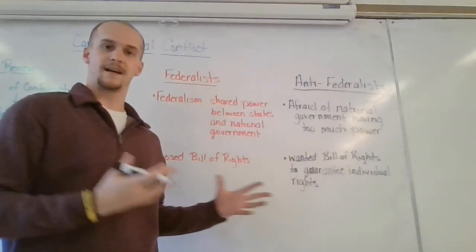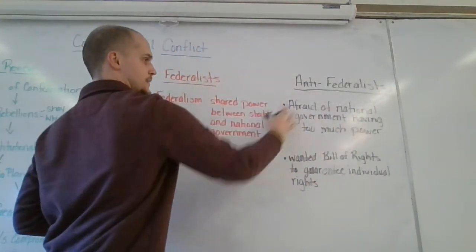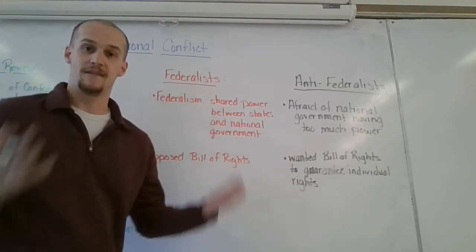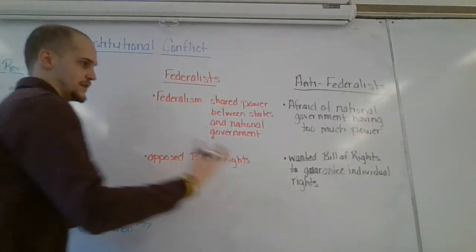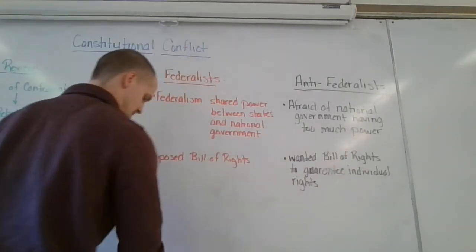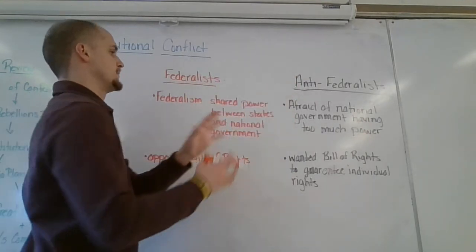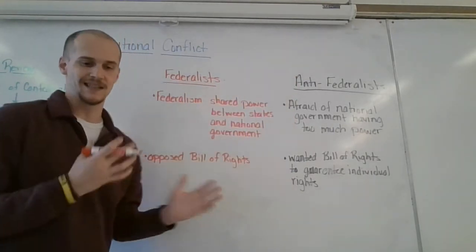This was kind of their way of trying to make sure the national government did not have too much power. This Bill of Rights would guarantee individual rights to the people, therefore kind of making sure a president doesn't become king.